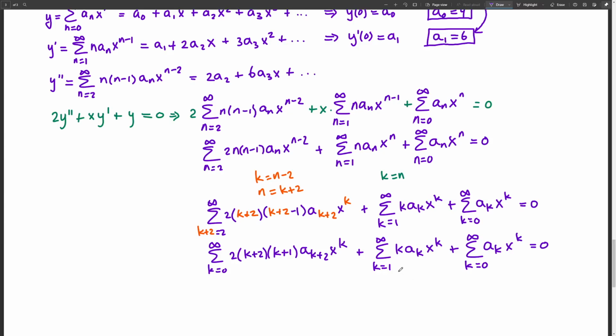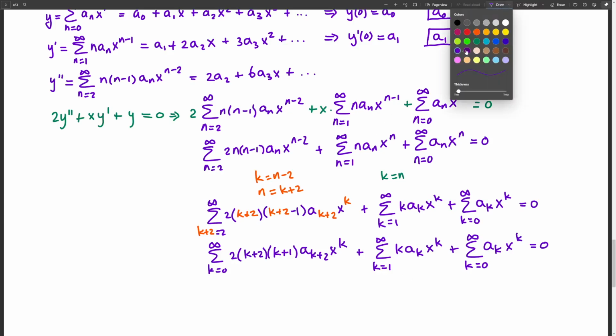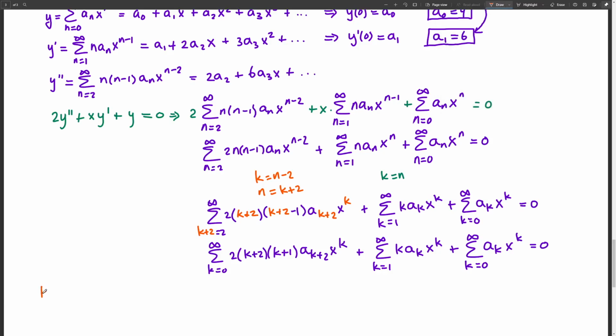So what I need to do is take a look and see what happens for k equals 0.